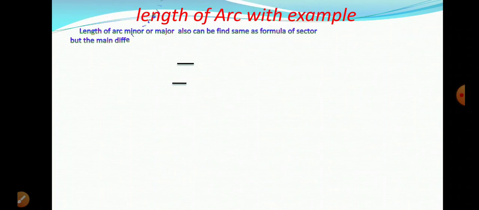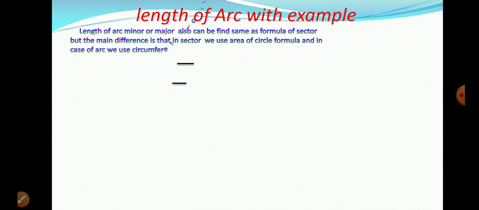The formula of the length of the arc is the same as the formula of the area of the sector, but the main difference is that in a sector we use the area formula, and in case of an arc we use the circumference of circle formula.